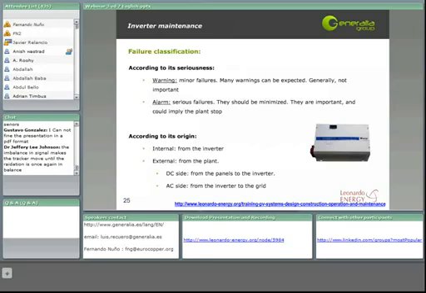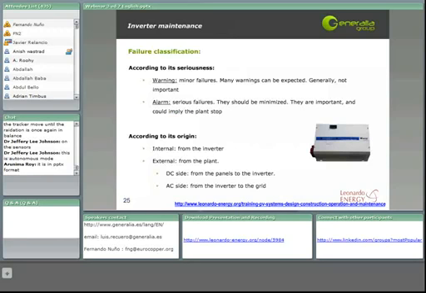We only have to consider the alarms because it is important to minimize them, as because of an alarm, if we don't react very fast, the plant could be completely stopped. The warnings are not so important, as the inverter will be sending us warnings the whole time with the different parameters of the different elements of the solar plant.